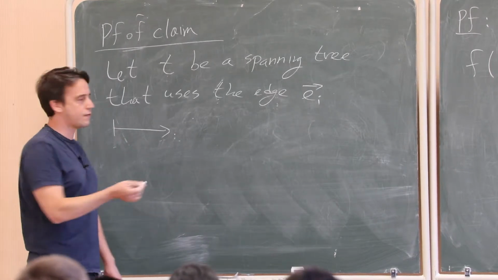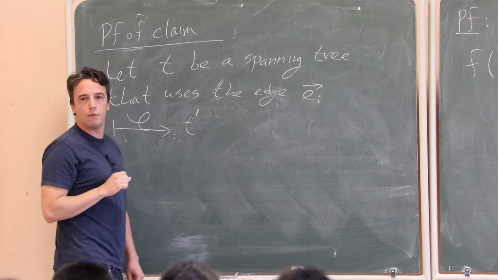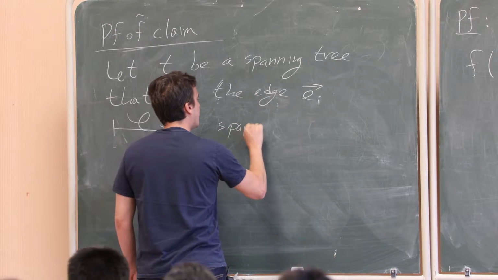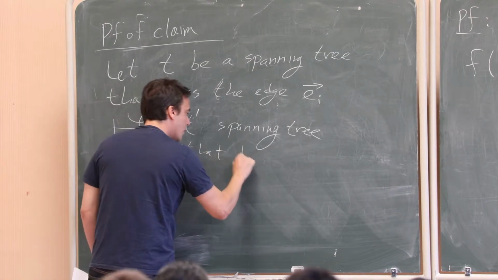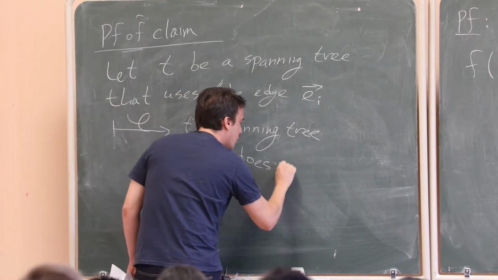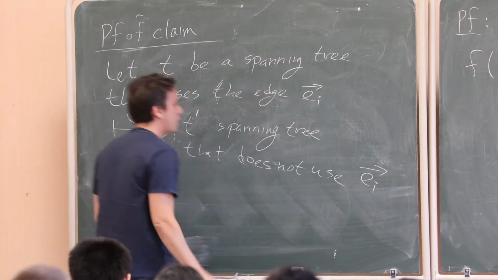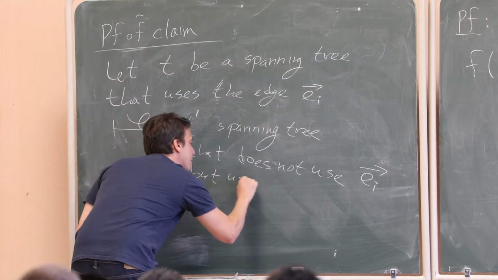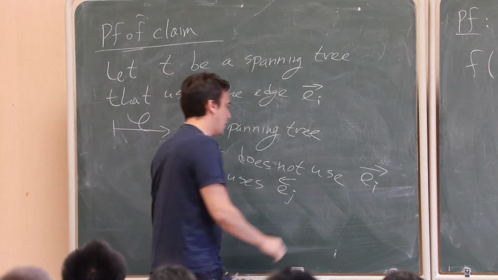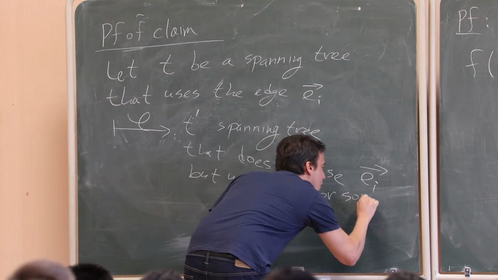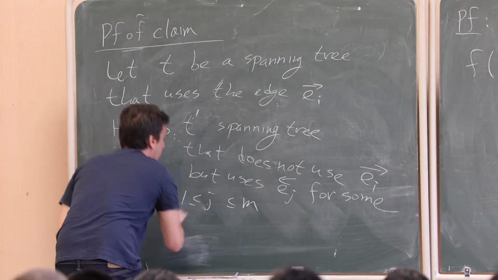And I will call this transformation, say, phi, into a new tree, T prime, spanning tree, that does not use EI, but uses EJ in the other direction for some j between m and 1.